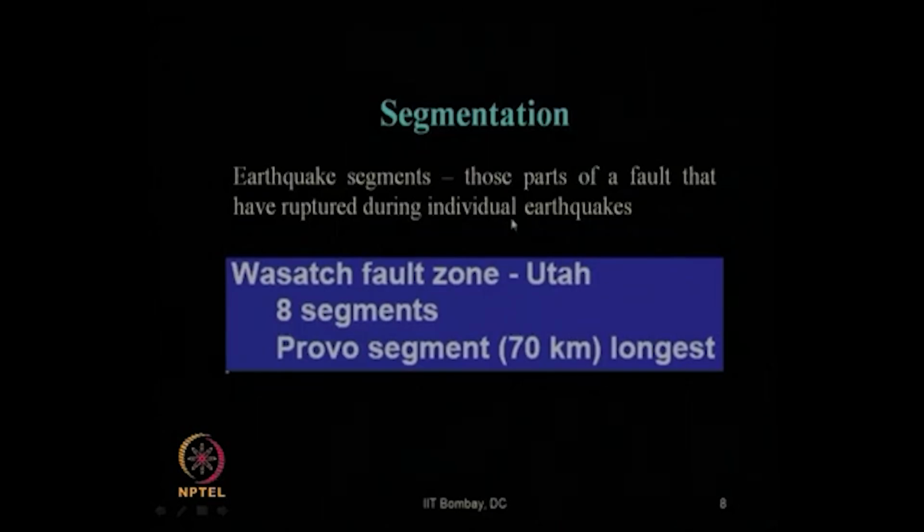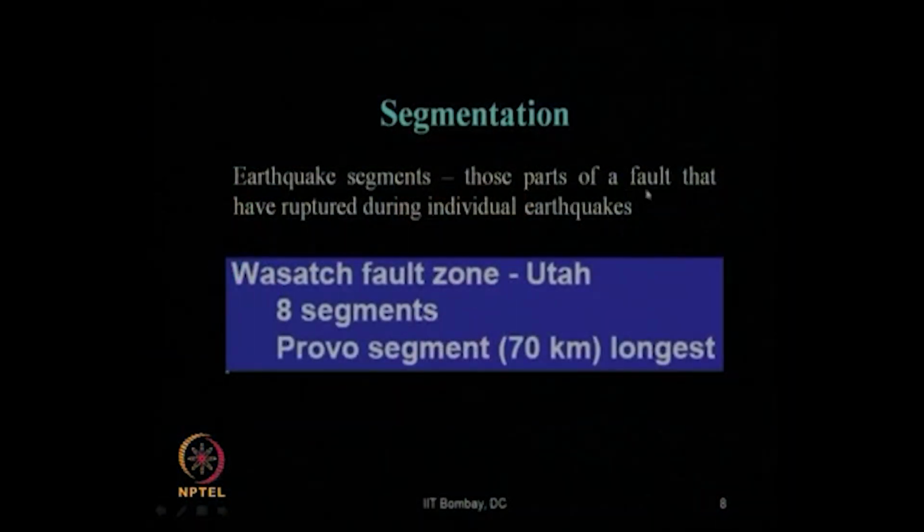Like for deterministic seismic hazard analysis, we have seen almost every fault is an active fault, because several thousands of years ago, whichever earthquake fault was responsible for an earthquake can be considered as an active fault. So, from that fault characteristics, one can find out what the earthquake segments of a particular fault are.